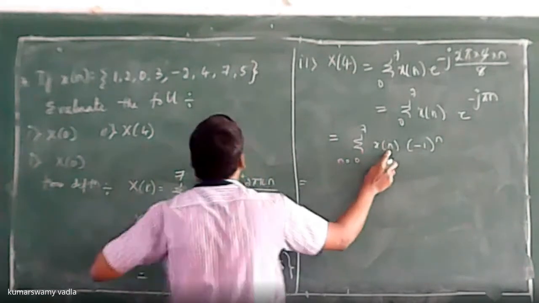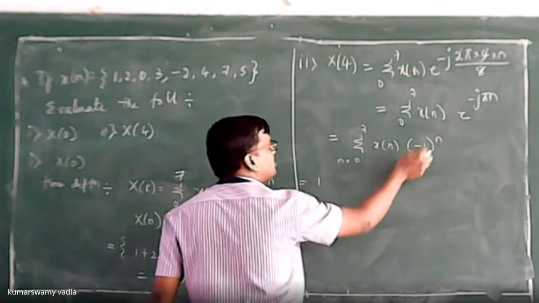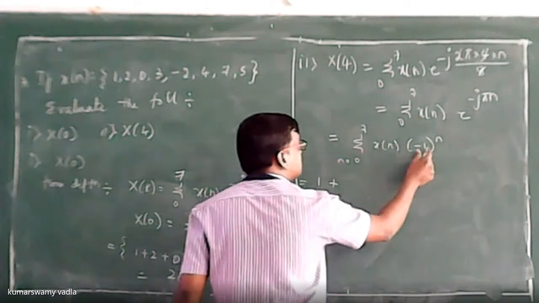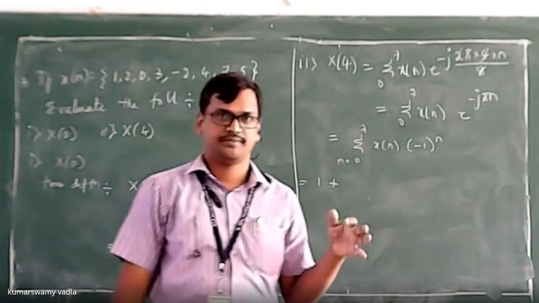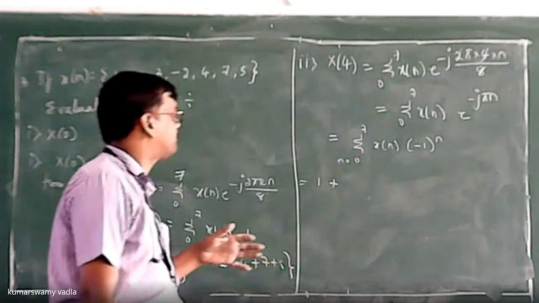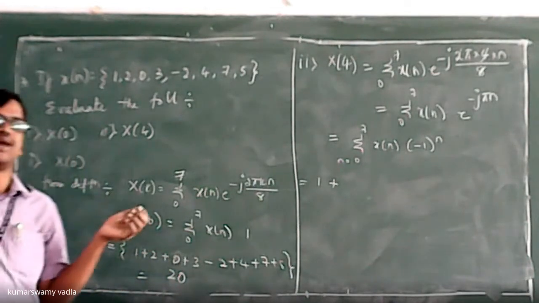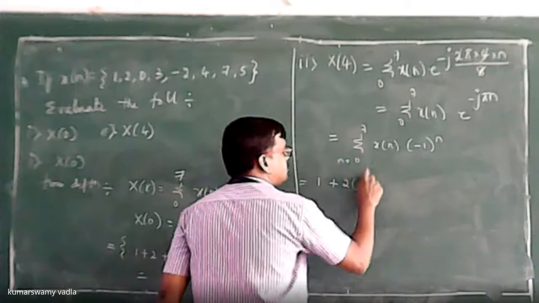For x of 0, what is the value? 1 into 1, anything to the power of 0 is 1, plus 1 power 1 is what? Minus 1 power 1. What do you get? Minus 1. Is it plus 1 or minus 1, madam?